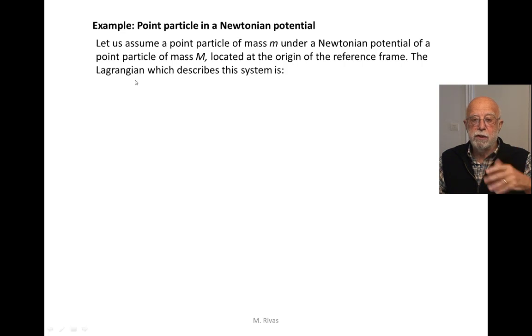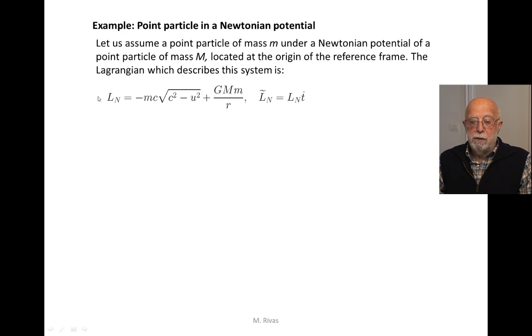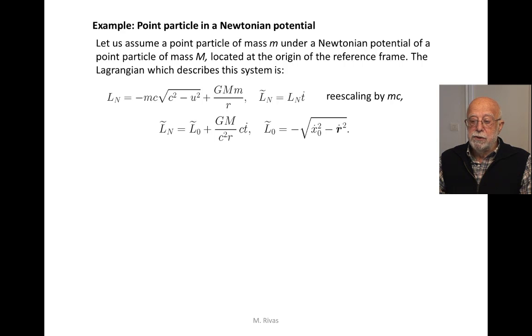The Lagrangian which describes the motion of this particle is given by this. In terms of some arbitrary evolution parameters, the new Lagrangian is written in this form, and by rescaling by mc such that the new Lagrangian has dimensions of length, it will be written in this form.